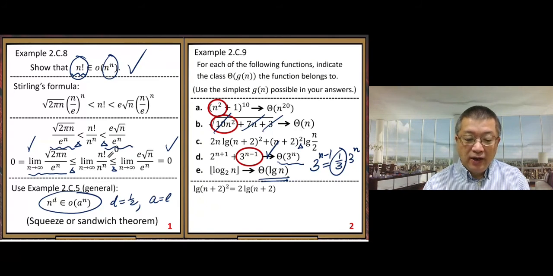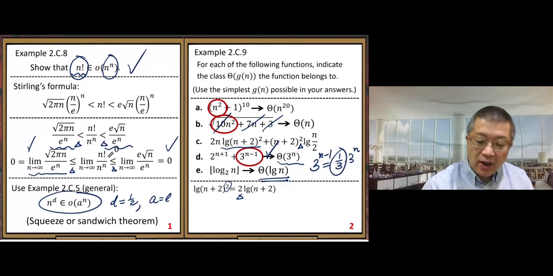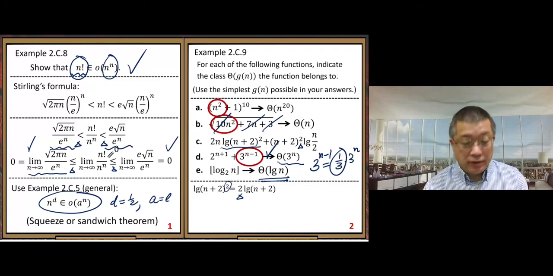Although the first term, the log function part, has exponent 2 here, that can be converted to leading coefficient 2. So that is not big. That's just a constant.